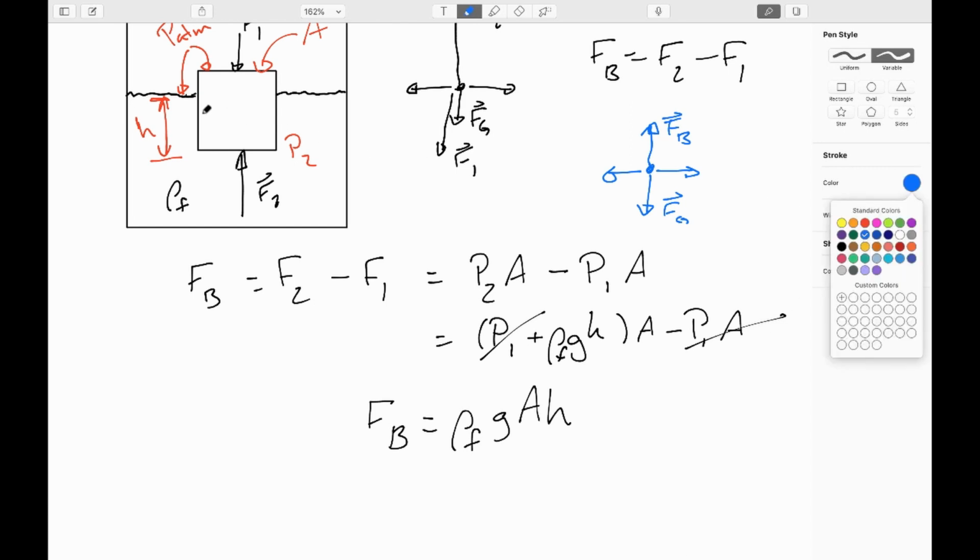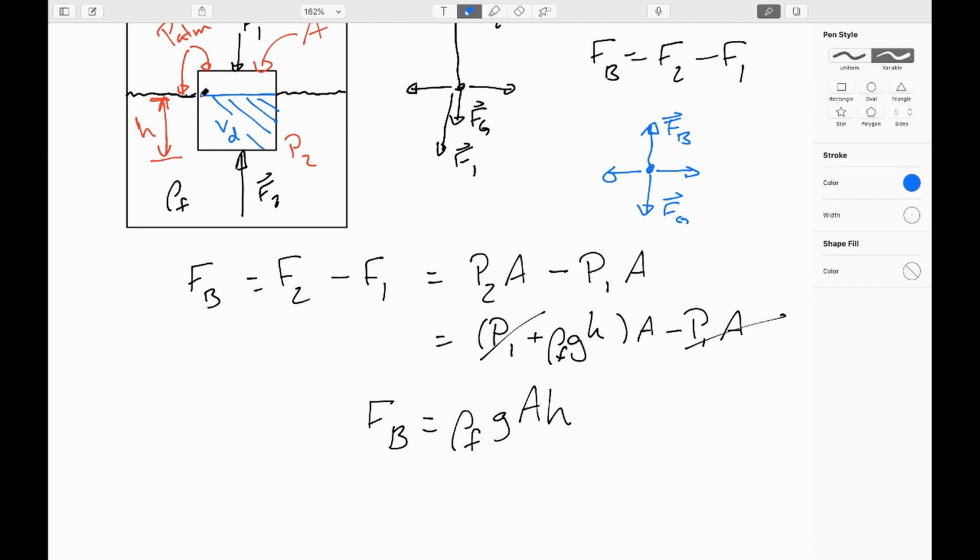And it is the volume of this region here, which we'll call V sub D. So this corresponds to the volume under the water line.